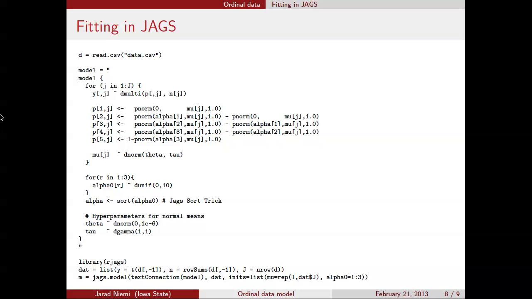The only other thing that's a little bit tricky is that you have to provide some initial values, because otherwise it's too easy to get numerical instability with, for example, having alphas too close to each other so that the probability is numerically 0 for that category, but yet you actually have observations in that category. So providing some kind of initial values is required.